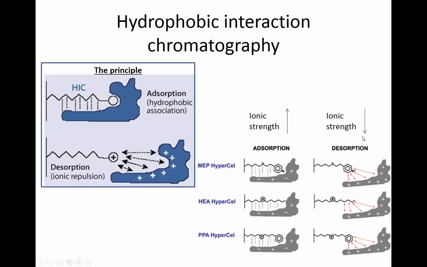We decrease the ionic strength, we end up with desorption because that is changing the charge of the protein we're trying to purify. So it repulses from the hydrophobic interaction column, and we can get it off the column.